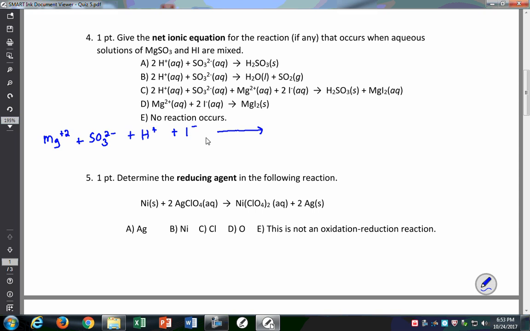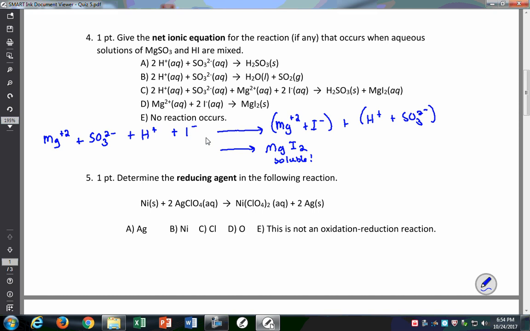So Mg and I plus our H and SO3. So when we switch that, we get MgI2, and that is going to be soluble.